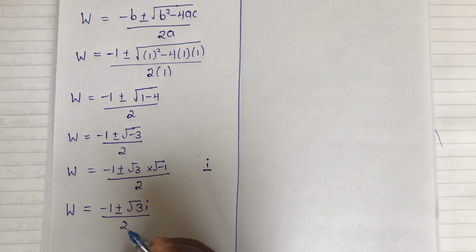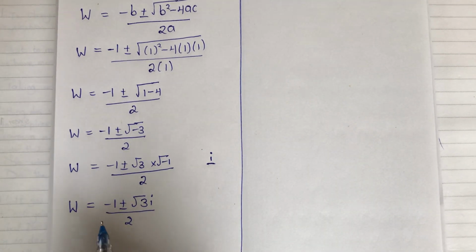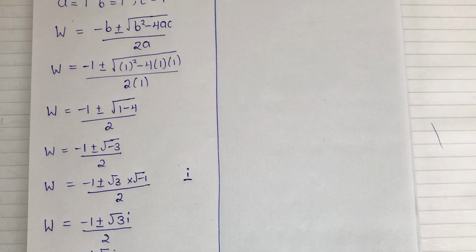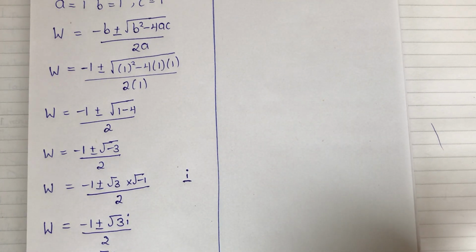So there are two possible values for w. We have w1 being equal to -1 plus root 3 i, all over 2, and w2 being equal to -1 minus root 3 i, all over 2. So we will use this to do the calculation.